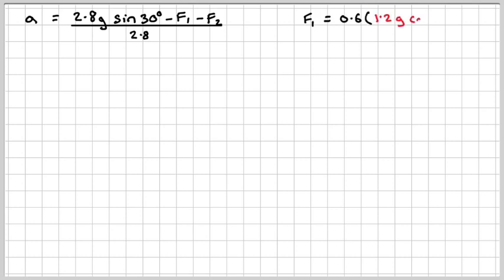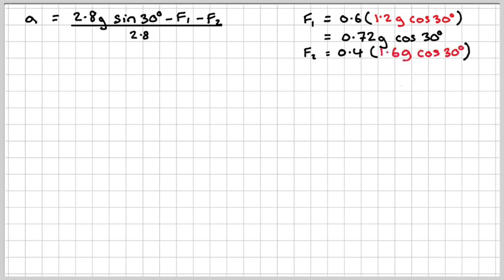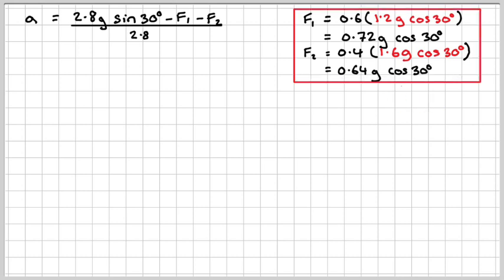So write that down again, so we can see what we're doing. We know that F1 was equal from before, and if we simplify that, we get 0.72 g cos 30, and therefore F2 will be equal to this from before, which gives 0.64 g cos 30 degrees.